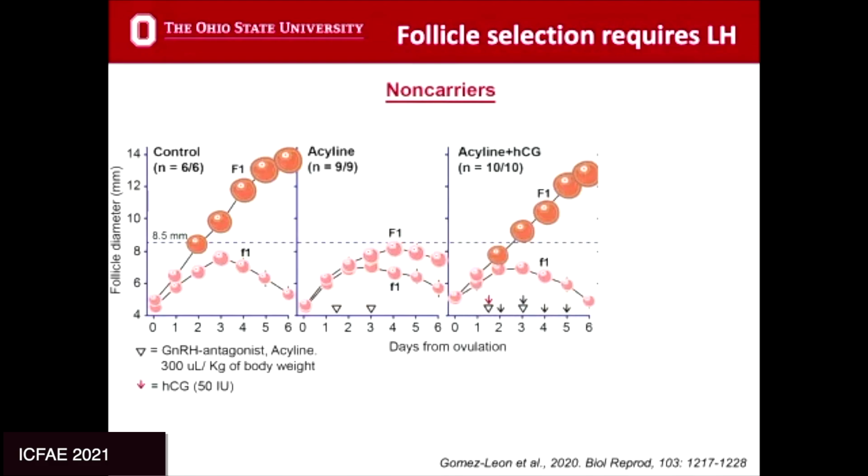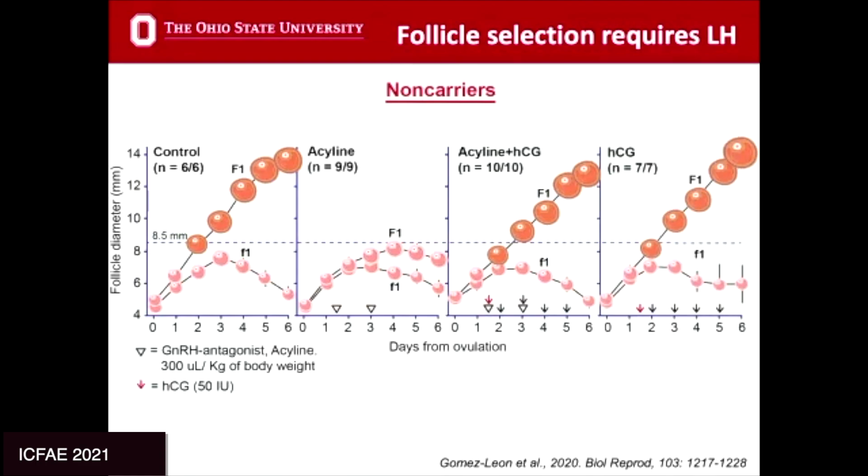When we restore LH support through the addition of hCG in the acyline-treated animals, we see that we restore diameter deviation and selection of a single dominant follicle, all occurring at the same time points. And then the hCG group alone really did not differ from the control. They still have diameter deviation at the same time and selection of a single dominant follicle.